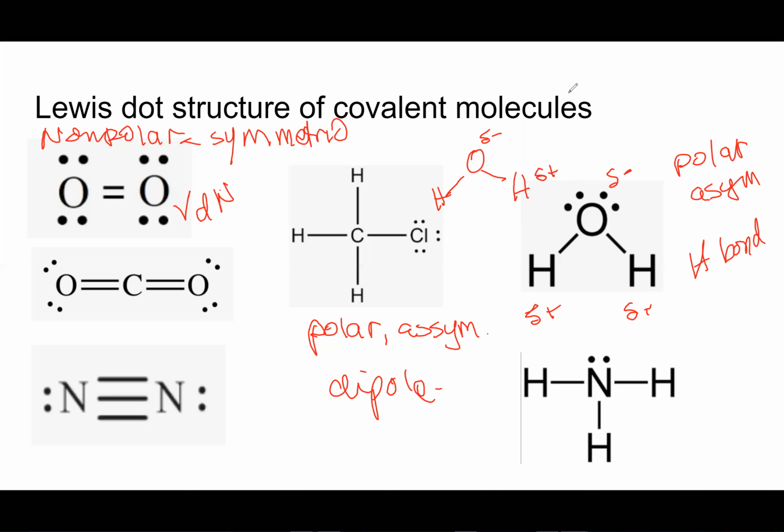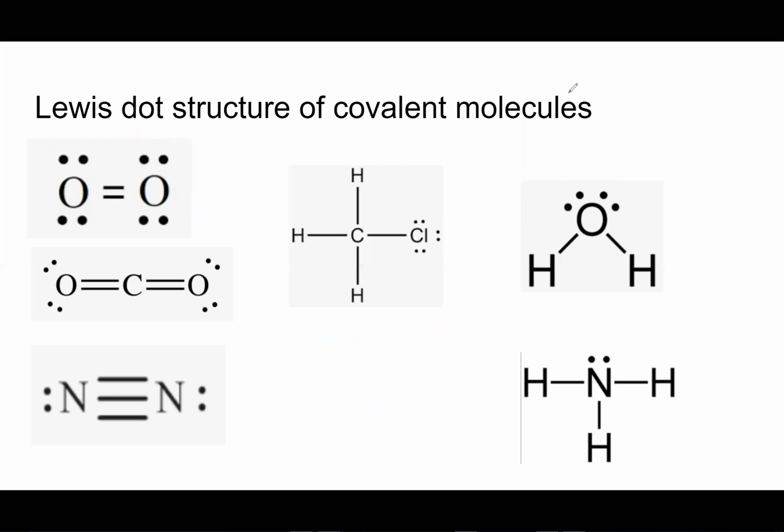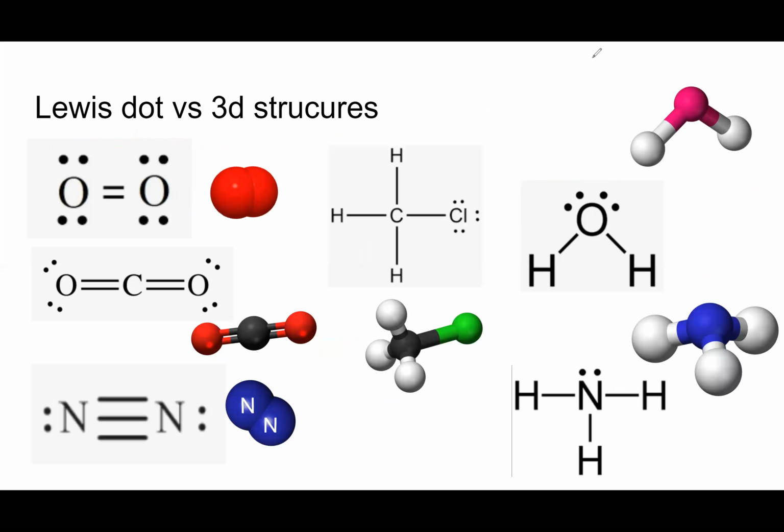Okay, but these are two-dimensional drawings, right? So sometimes it's hard to see because obviously the middle one is not going to be flat. So this is an example of the Lewis dot versus the 3D structure. Now they both have advantages.